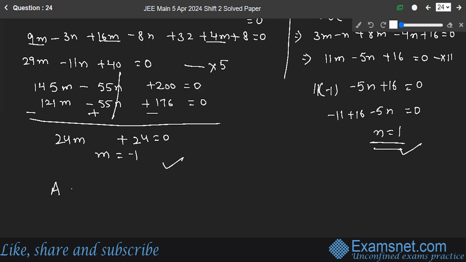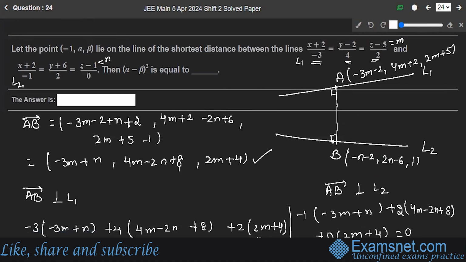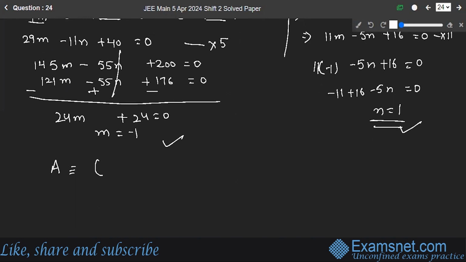Let's frame the points A and B. On solving, A was equal to minus 3M minus 2 and so on. See over here, so this was your A and B. Putting in the values of M and N, you will get A as (1, minus 2, 3), and B will come out to be (minus 3, minus 4, 1).